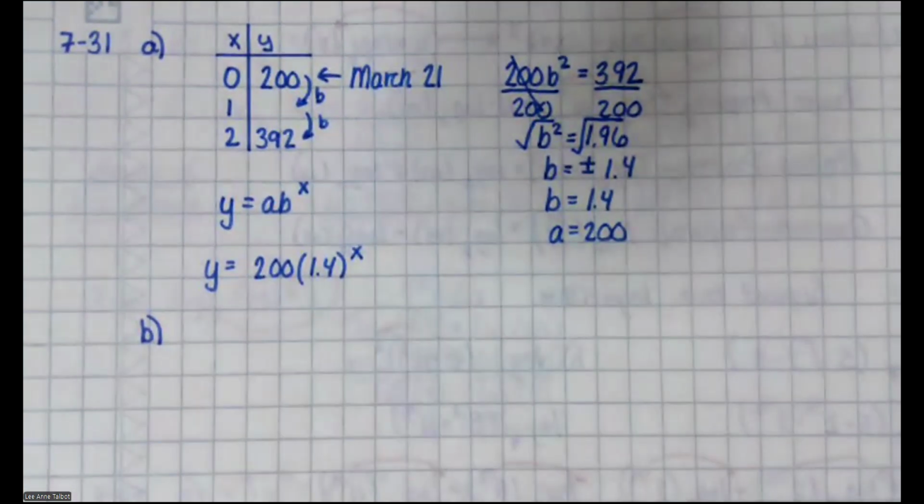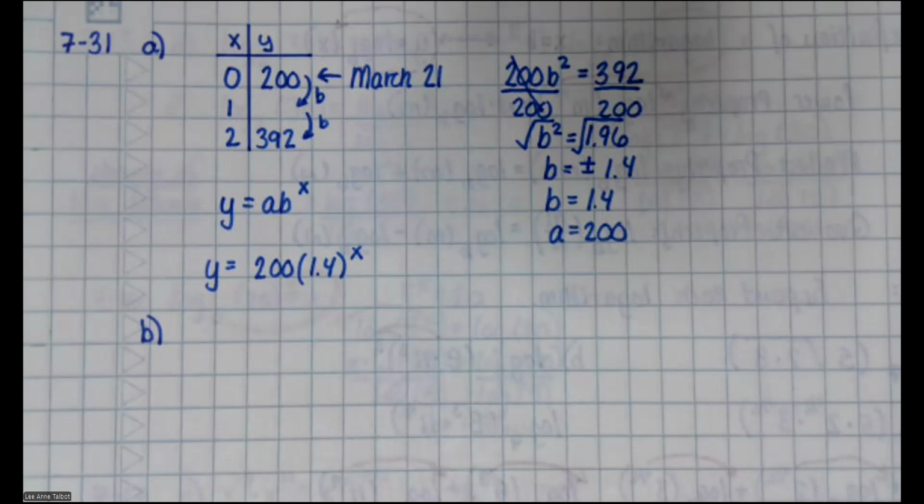Okay, now you're going to start to see why this makes sense to come in this part of the chapter, because we've just been learning a lot of log stuff, and this feels like it's out of left field. It's easier than the log stuff, but it's actually related. Hold on a second. Okay, now b.